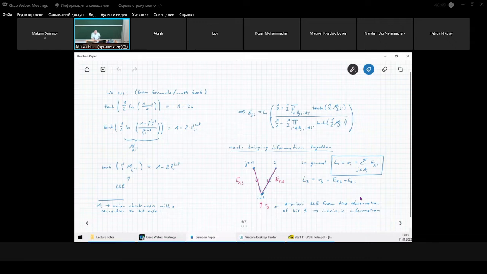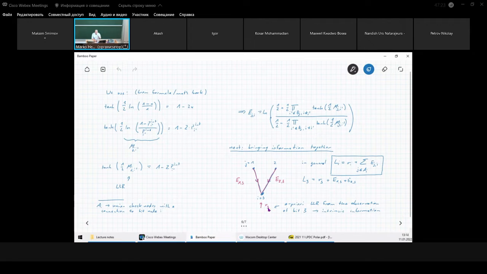Okay. So then in the next step, we need to bring the information together. So we have several check nodes where we get extrinsic information on our bit node, and we have the a priori information from the observation of our bit. This has so far not been considered because we were just talking about the extrinsic information, what we can get from the other bits. But of course, we also have some information from observing this value.